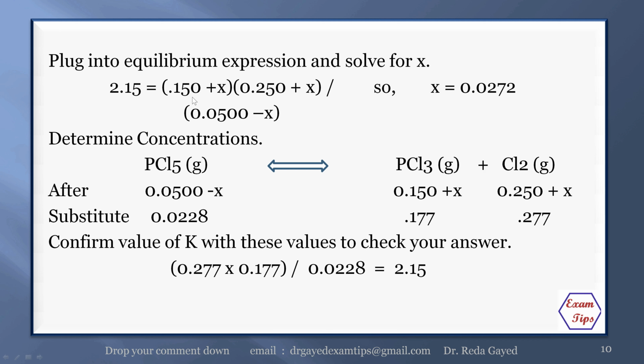So 0.15 plus x multiplied by 0.25 plus x, all of them to the power 1, since the coefficient here is 1, all of them over 0.05 minus x. So x will be 0.0272. Okay, now determine concentration.